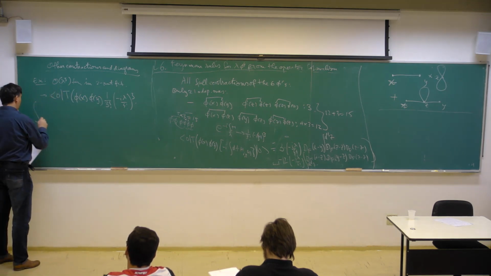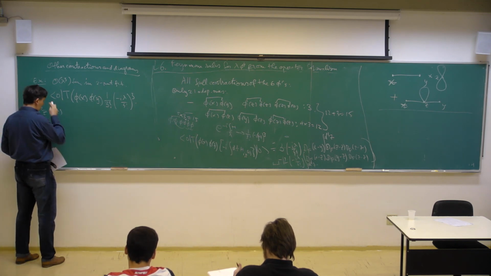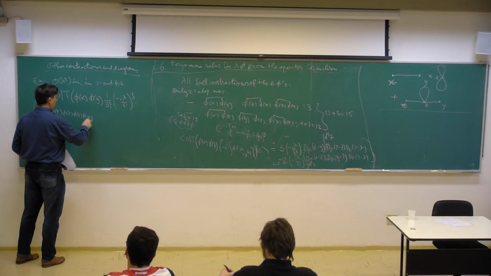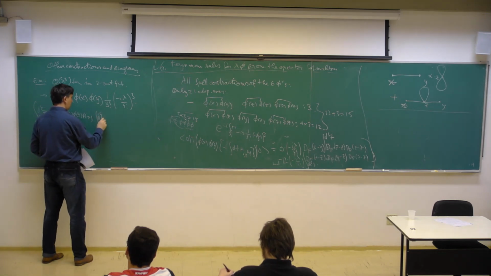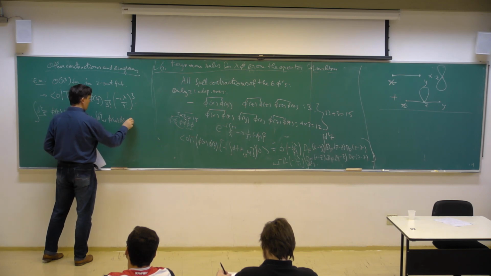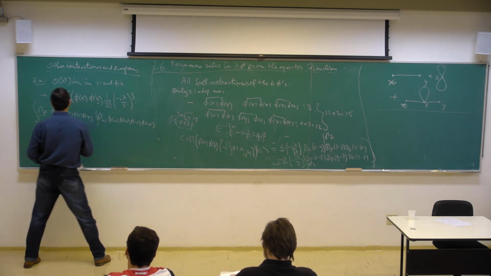And then let's write 3 times the interacting Hamiltonian with integrals over z, w, and u. So phi of z, then phi of w, and phi of u.